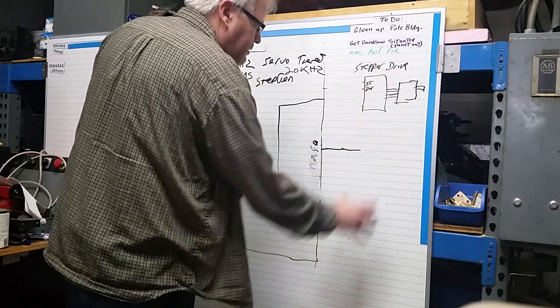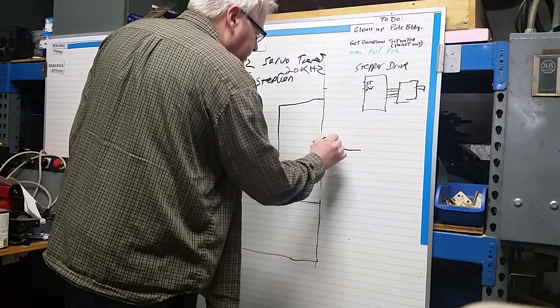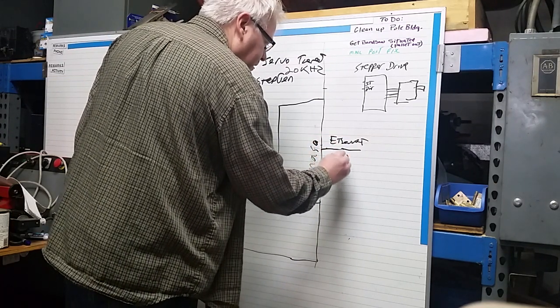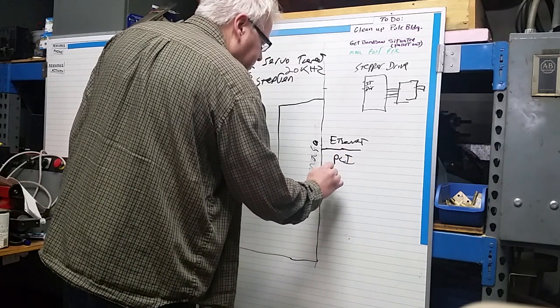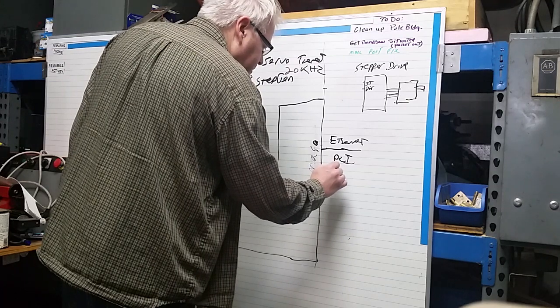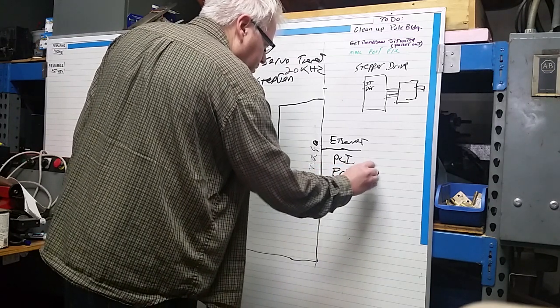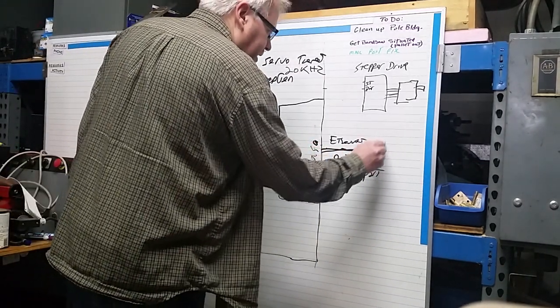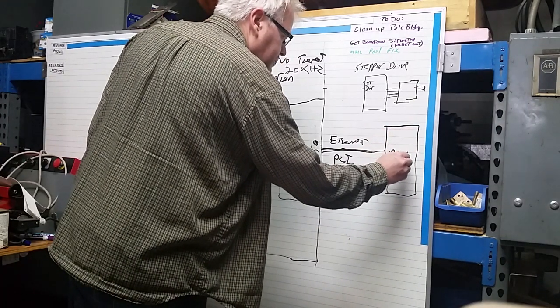This real world part can be Ethernet, PCI, or even there's a communication with the printer port. So this is then the connection to the actual physical Mesa hardware.